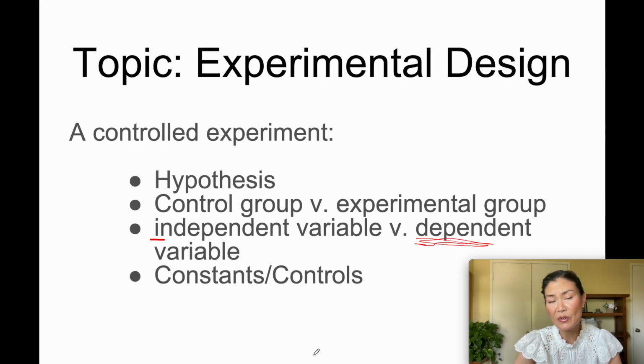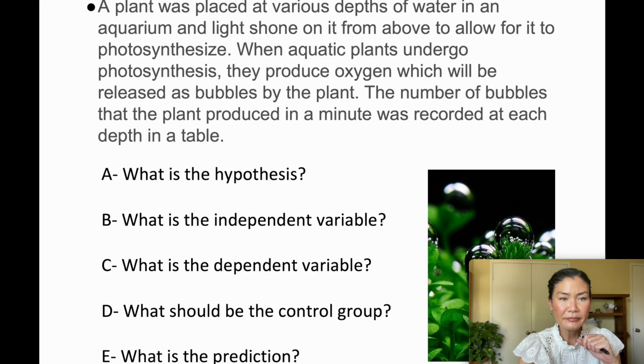So for example, if you're testing medication, you want to make sure that the two different groups, control group and the experimental group, have the same environmental impacts, or maybe they have the same lifestyle, they're people of the same age. You want to make sure that there's nothing that's going to influence the results of your experiment. So constants and controls have to remain exactly the same.